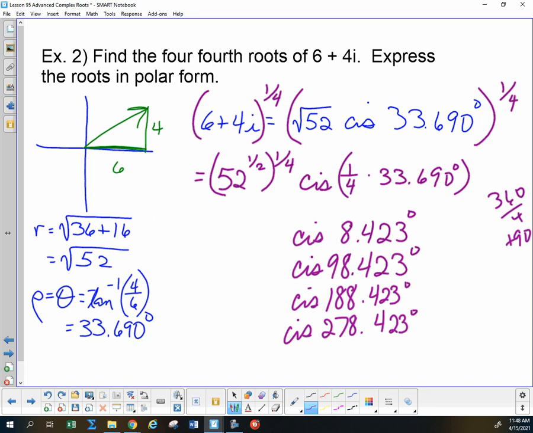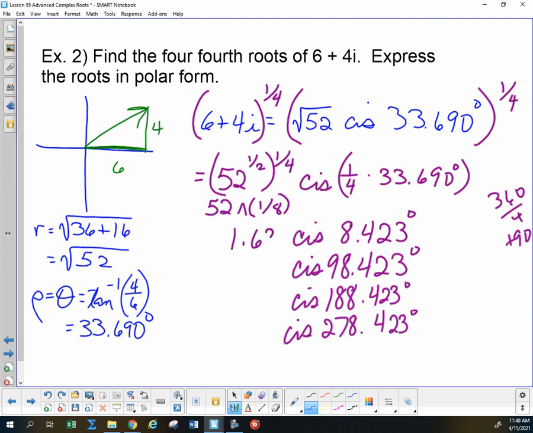So now, since I wrote it this way, you can just do 52 to the 1/8 on your calculator. Instead of the square root of 52 to the 1/4, you can just enter 52 to the 1/8. Kenny, you have that already?